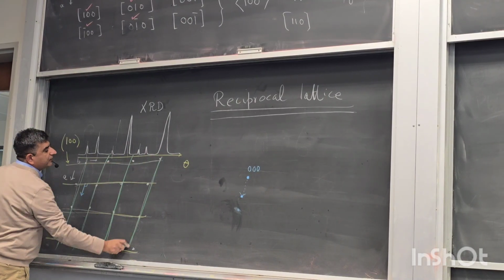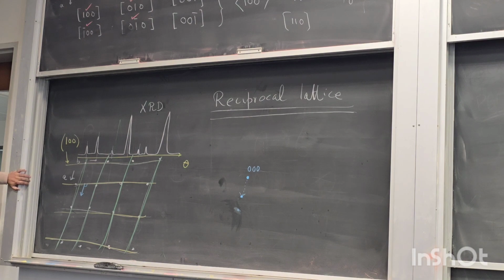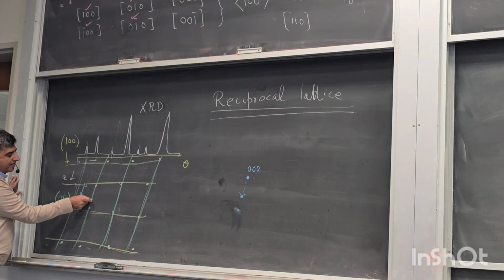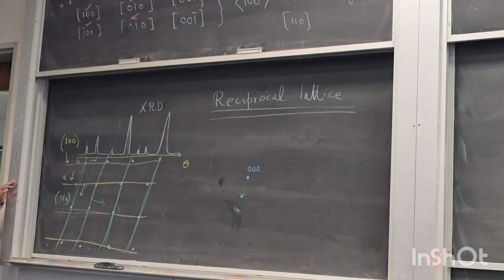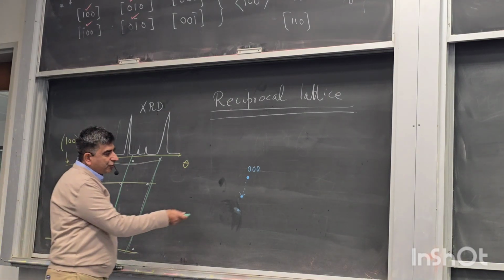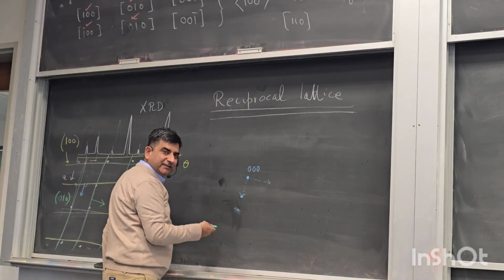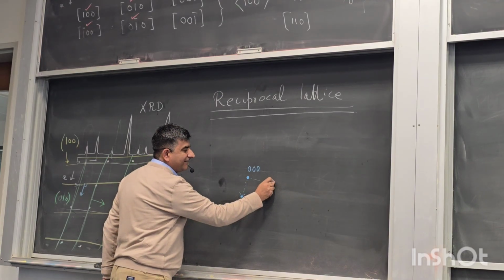What are the Miller indices of these planes? 0, 0, 1, 0. With indices put in parentheses, everything is rigorous. So now a vector perpendicular to these planes is constructed, and I draw this vector over here, move a certain length, and draw another point.